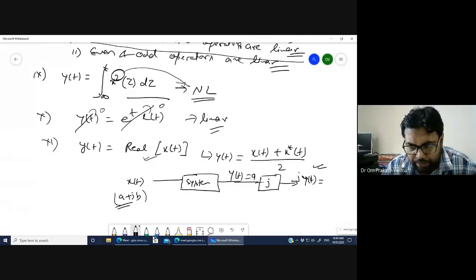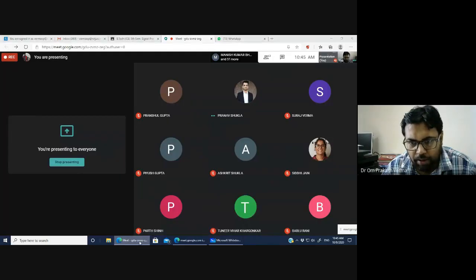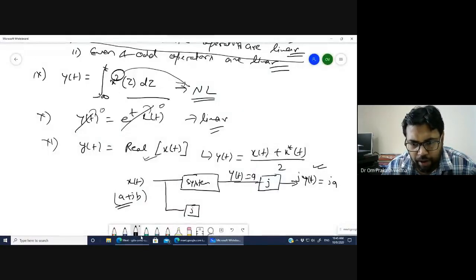When you multiply this, you will get j of y(t), meaning ja, right? Now, first you scaled the input with j, so it will give j of x(t), that is ja minus b.